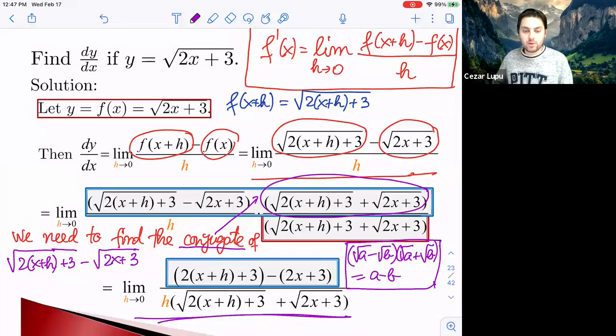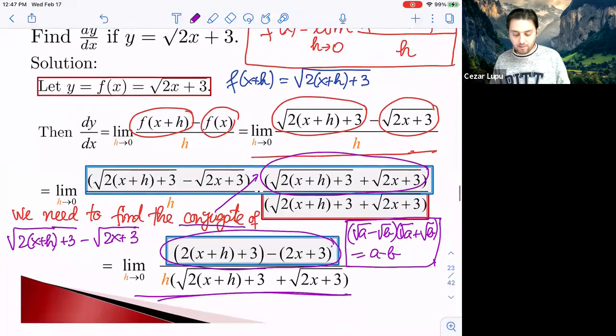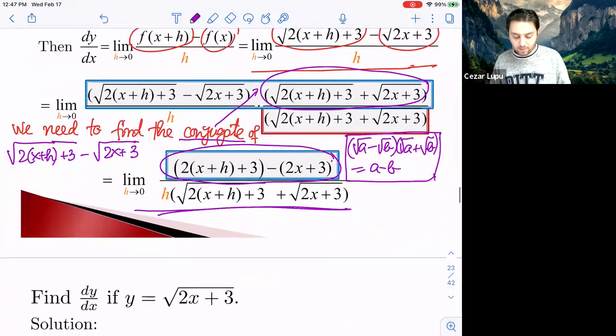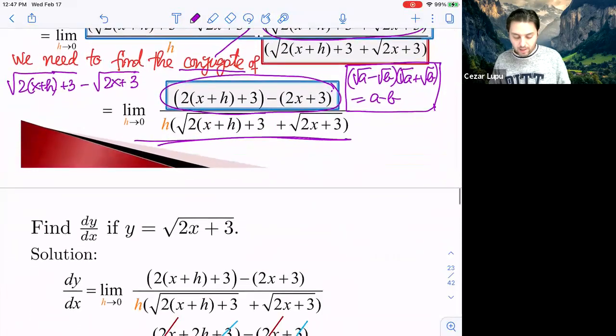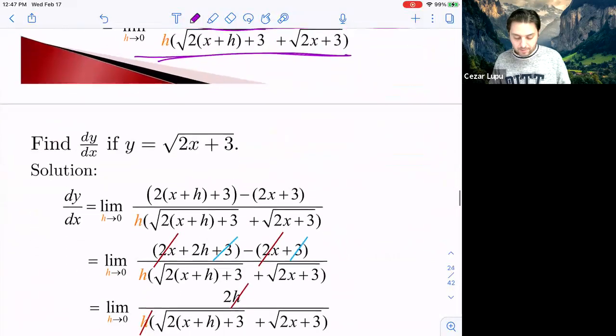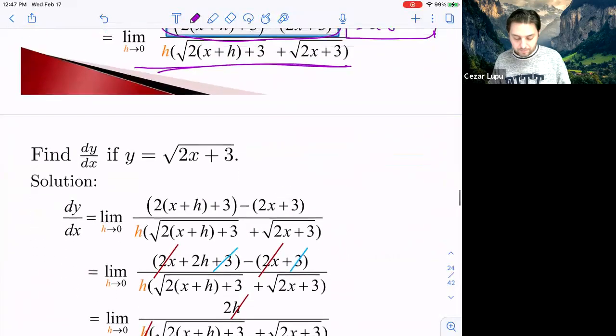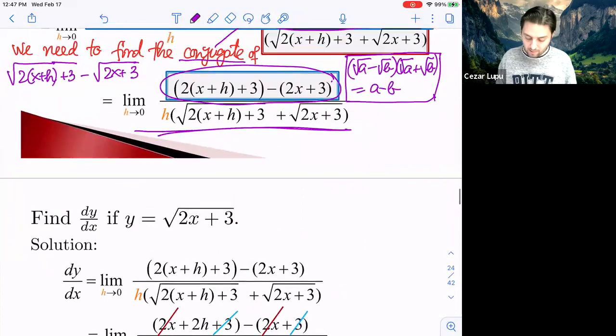And now you're going to see what you get here at the top. So a minus b will be this guy here at the top, right? This guy here, you can do some basic algebraic operations with. So at some point you will get this, right? You see, you get this here.